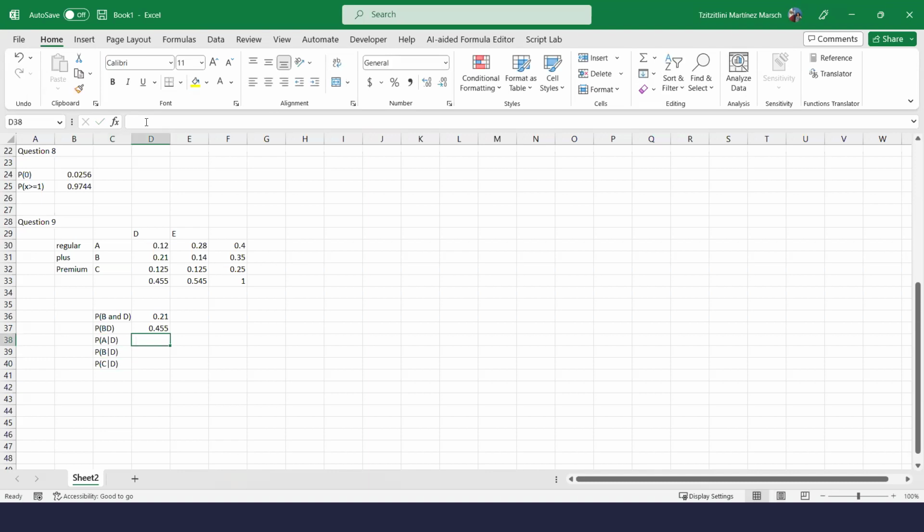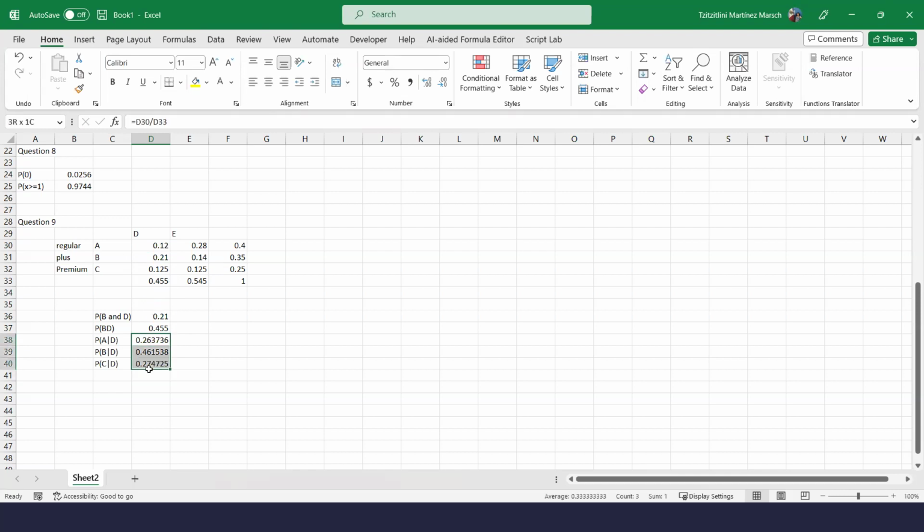Okay, so if you remember, it's 0.012 over the total filled tank, 0.21 divided by the filled tank, and the other one divided by the filled tank.